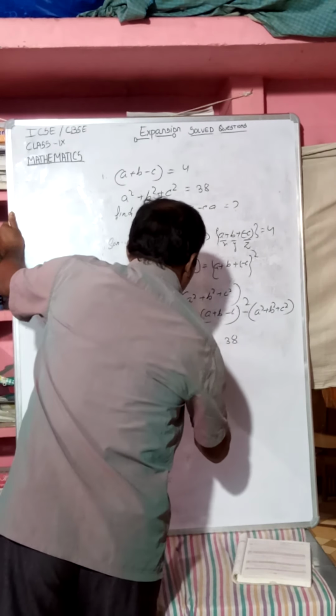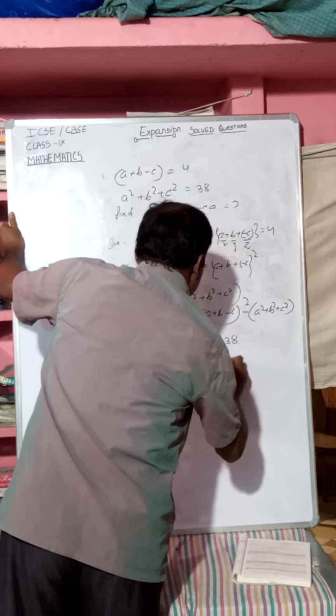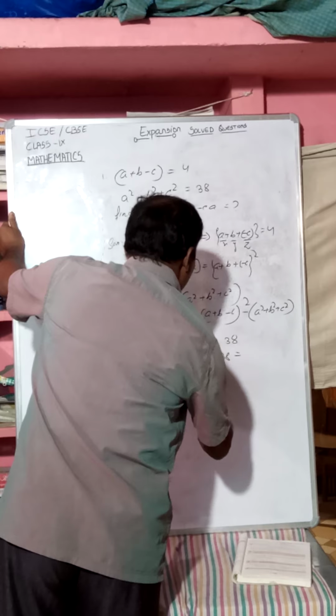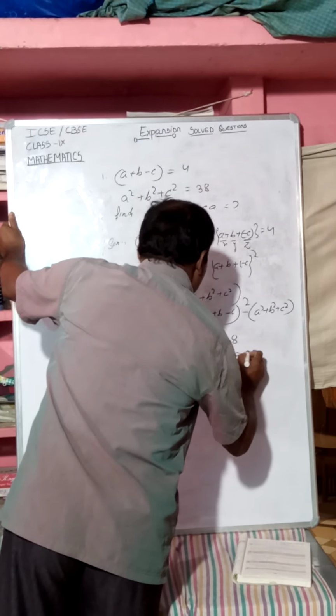That is equal to 16 minus 38, which is equal to 22.